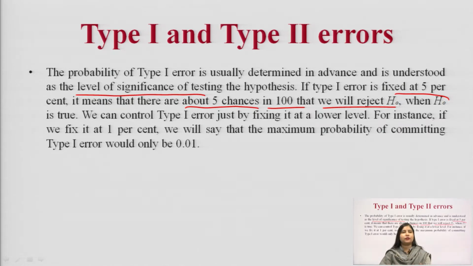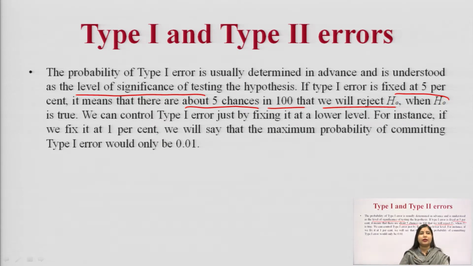So the level of significance shows that there is a 5% chance of rejecting the null hypothesis out of the 100 chances where our null hypothesis is true. And we can control the type 1 error just by fixing it at a lower level, means we reduce this type 1 error if we maintain our level of significance at a very low level.